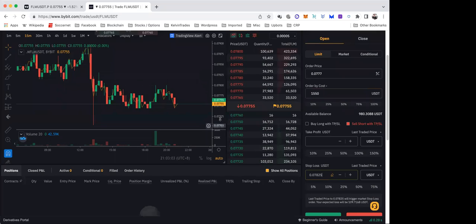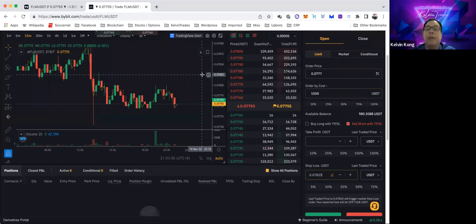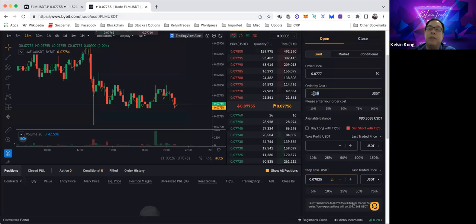If you stick to this cost, obviously your expected loss will go up, because now your stop loss is further away from your entry, which means you're incurring a bigger risk. So obviously you need to reduce your costs to keep within the 5% rule.